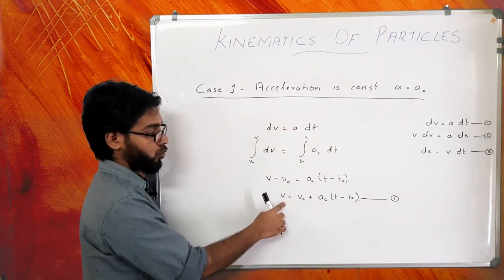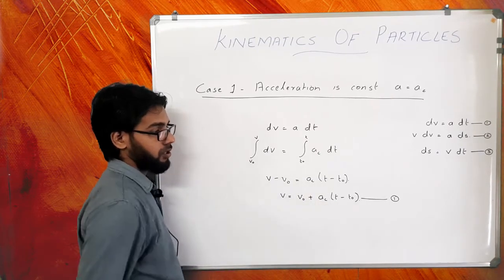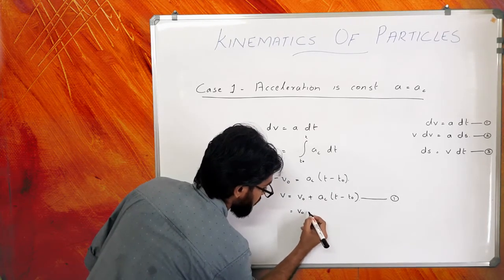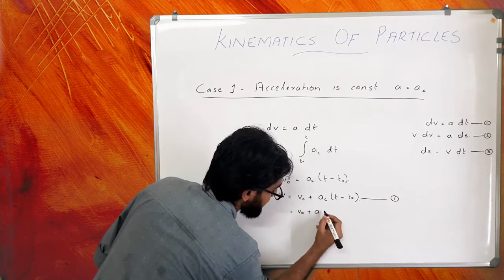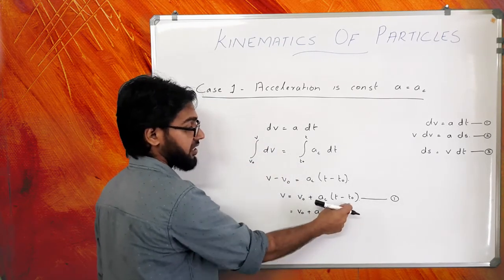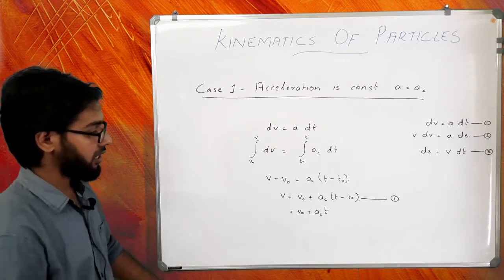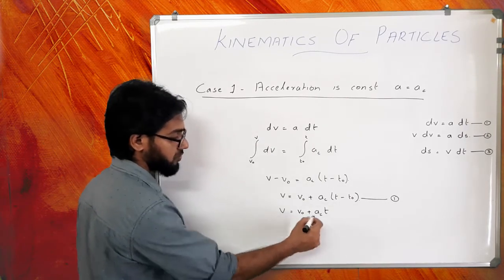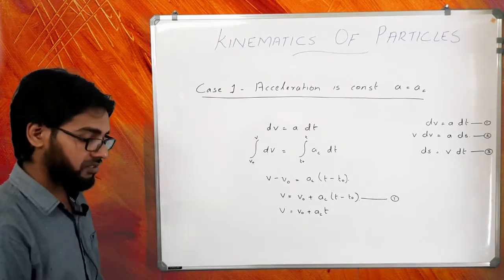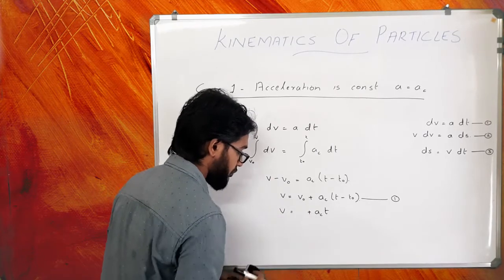V is equal to V0 plus AC into (T minus T0), or in short form I can write it as V0 plus AC into T, in case T0 is 0. In that case, the equation gets reduced to this corresponding format which you must have studied in your earlier classes, or sometimes you must have studied this in terms of U.